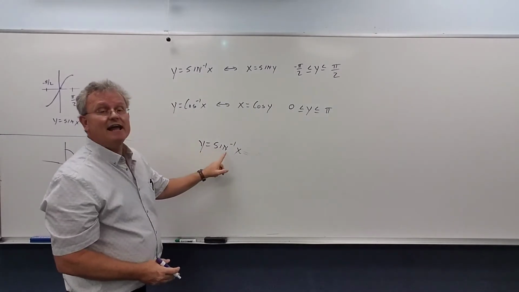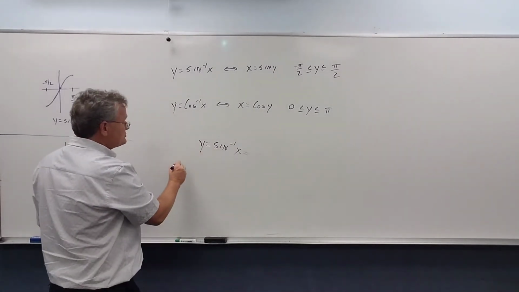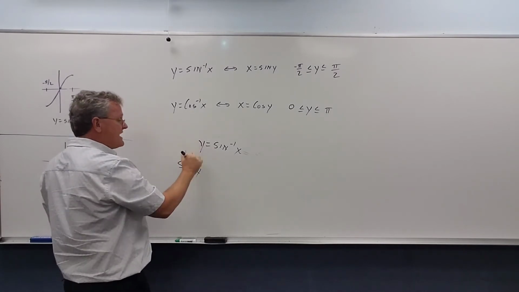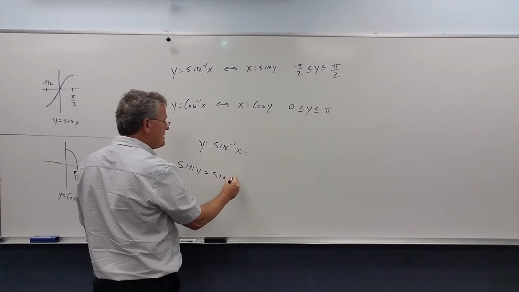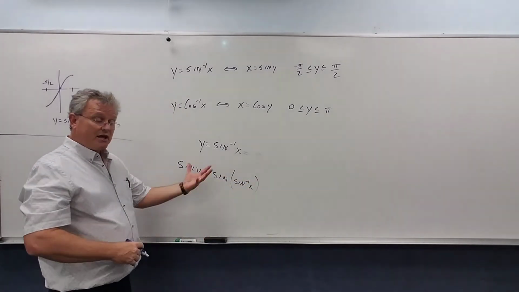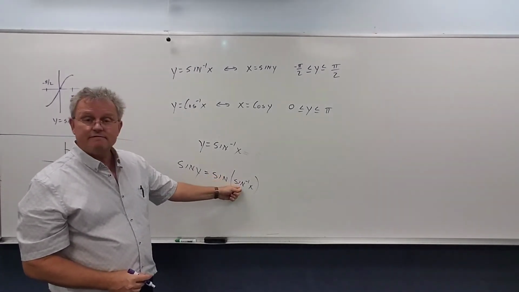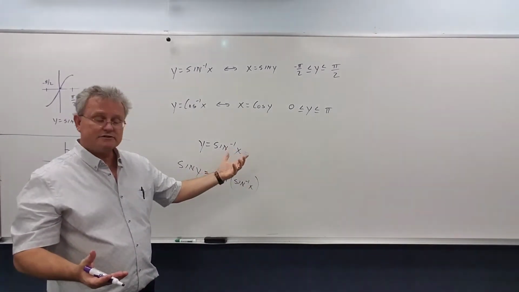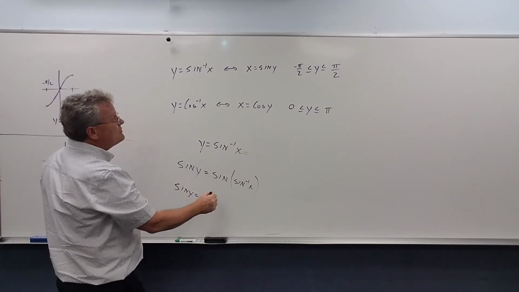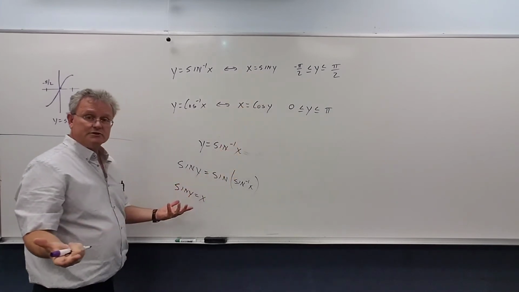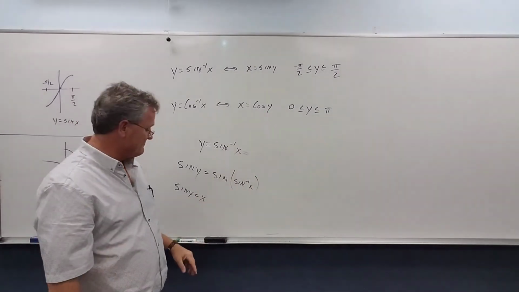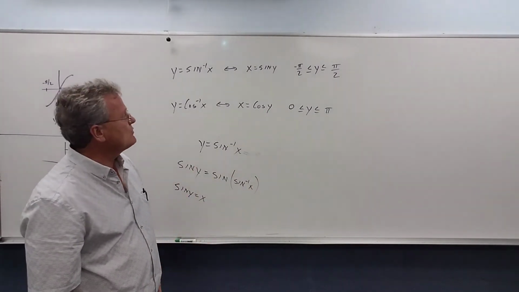Let's take the sine of both sides. If this is true, then the sine of y equals the sine of the inverse sine of x. But like I just said, f of f inverse is just x. So this is x, and we get the sine of y equals x, which is the same thing as x equals the sine of y. So that's why these two things are saying the same thing. It comes from the same equation.